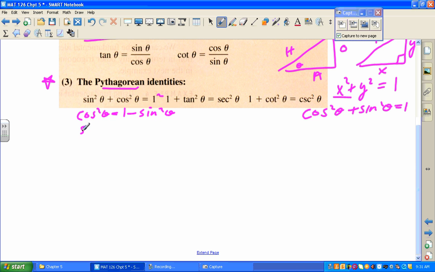I could also have sine squared of theta equals 1 minus cosine squared of theta. I can rewrite that 3 different ways and get 3 different looking identities that all mean the same thing. Interesting. What if I took this identity and divided every single term by sine squared?